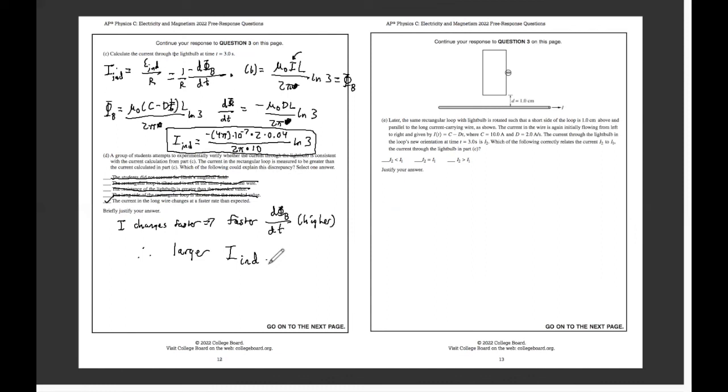All right, later the same rectangular loop is rotated such that the short side is 1 centimeter above the current carrying wire, and you have the same current, and you want to figure out at time t equal to 3 seconds, is the current in the light bulb larger or smaller?